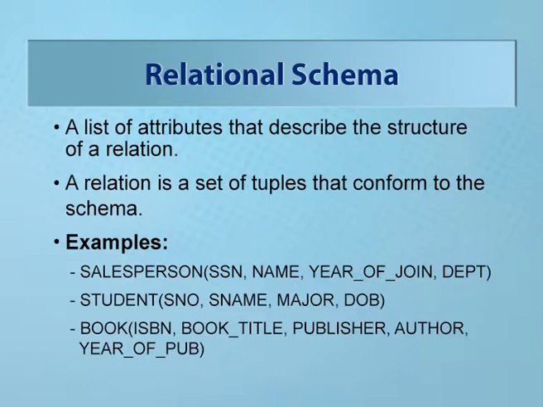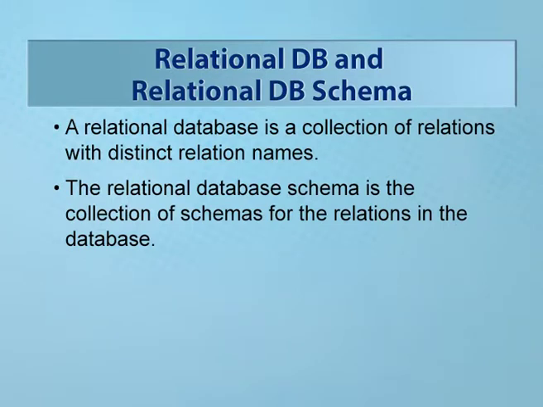Suppose you represent the relational schema for the total database, then it is called the database schema, the complete database schema for the backend of that company. So a relational database schema is nothing but a complete collection of relations with distinct relation names.